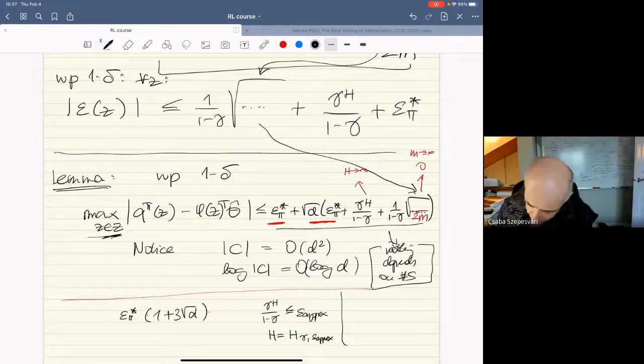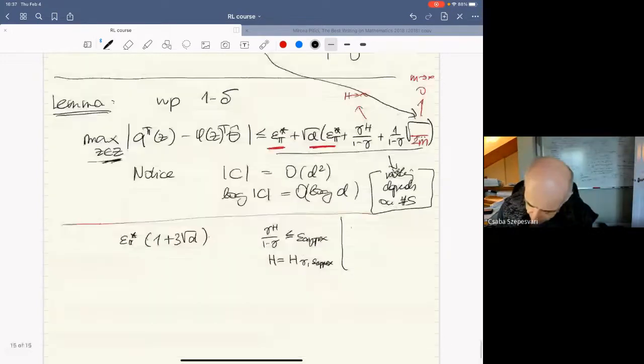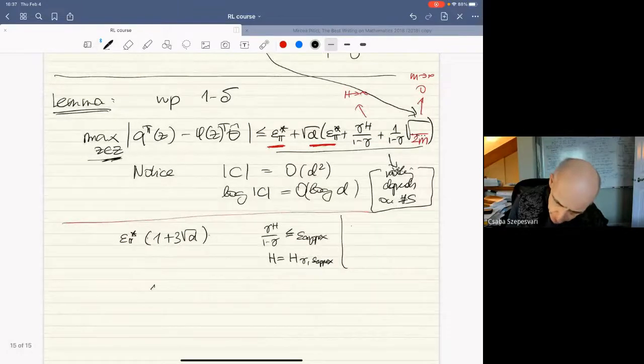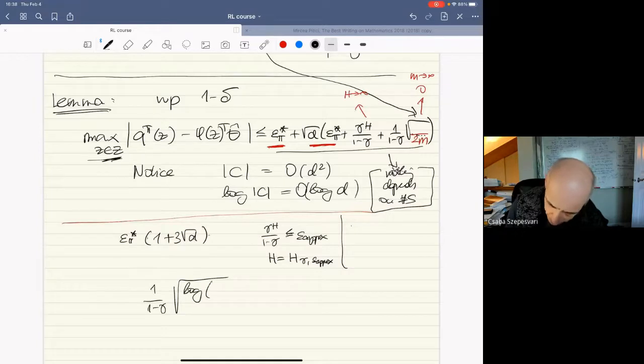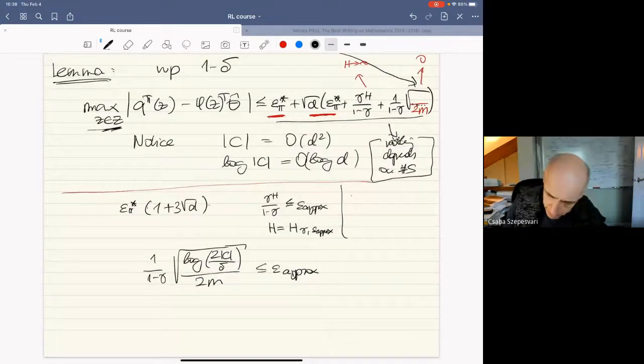Similarly, you want to control this other term, the very last term. Okay, I'm going to write this back. So this was coordinate of C divided by delta over 2m, and you want to make it smaller than the approximation error, let's say. Then how big should m be?